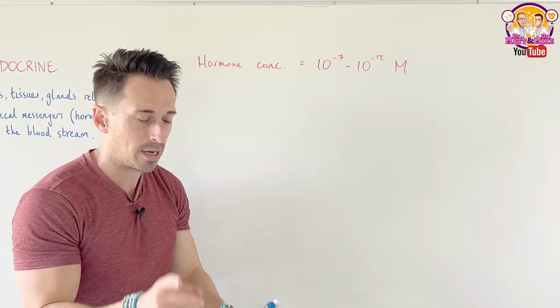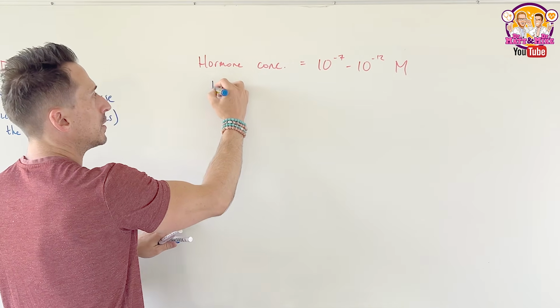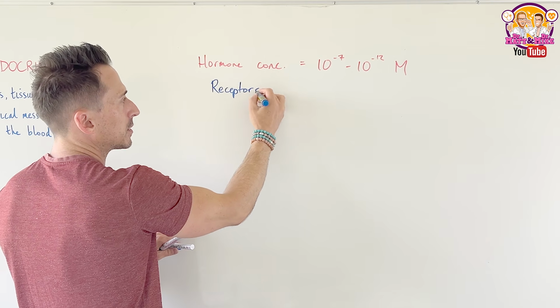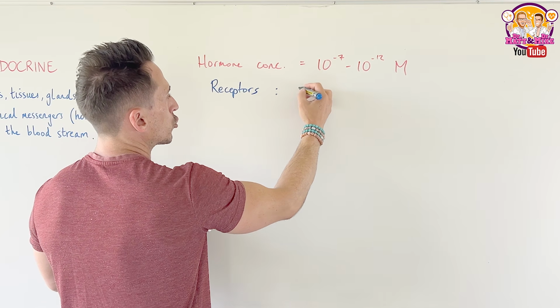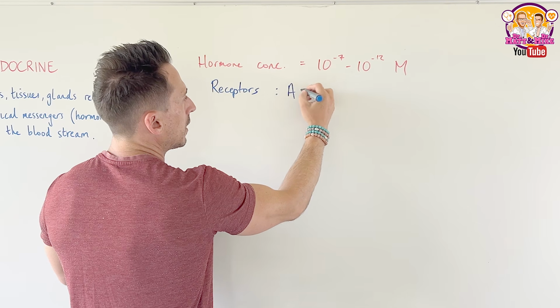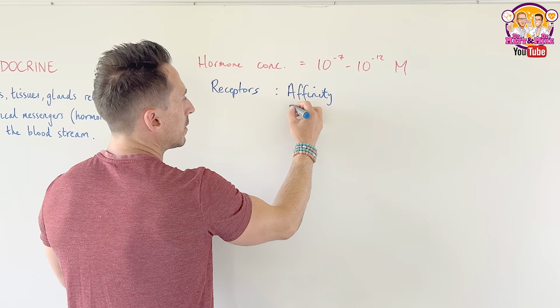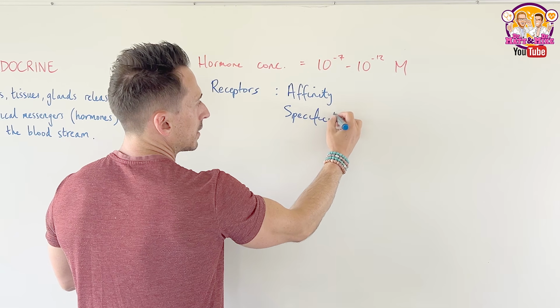What does this mean? It means two things. That hormones and their receptors must have strong affinity and specificity.